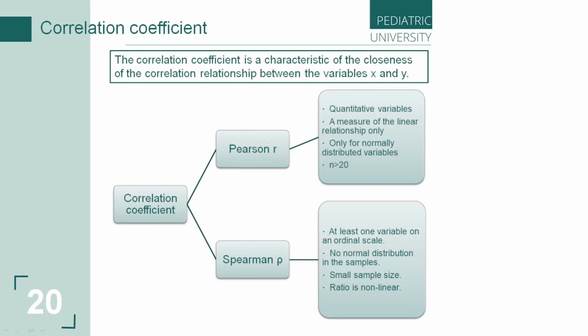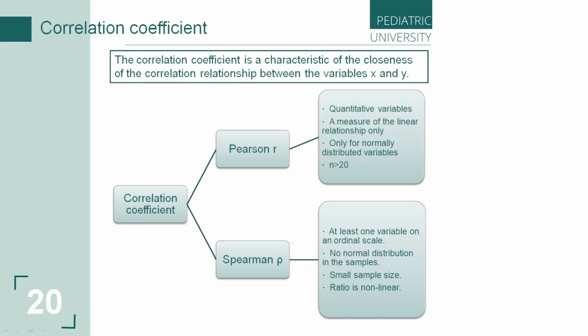We consider the Pearson correlation coefficient when we have quantitative variables. What else? When we assume a linear relationship, only for normally distributed variables. And what else? For samples with more than 20 items. In all other cases, we use the Spearman correlation coefficient.